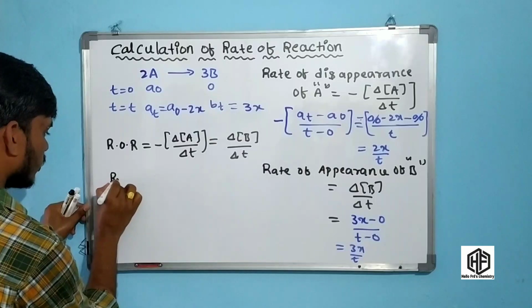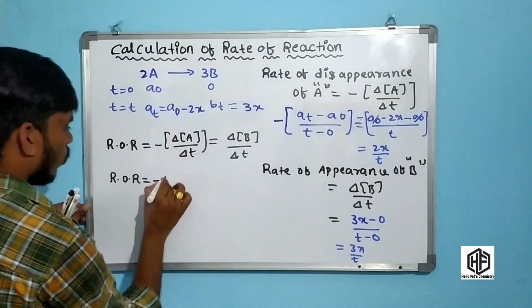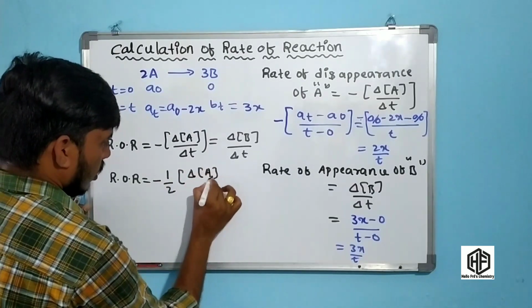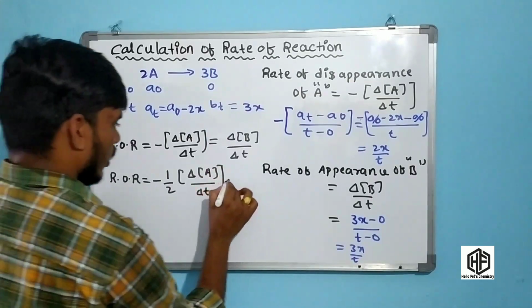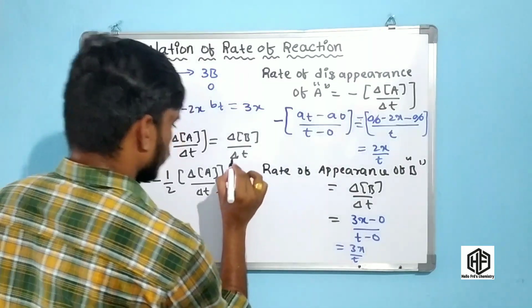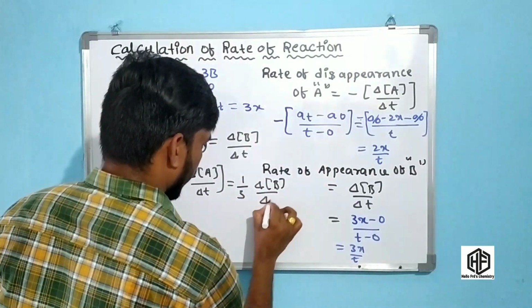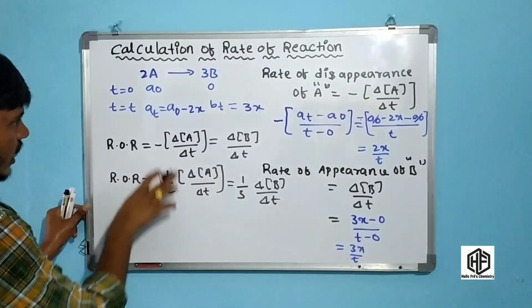What happens, friends? Rate of reaction is equal to minus 1 by 2 into change in concentration of A by delta t, equal to, with the stoichiometric coefficient, 1 by 3 change in concentration of B by delta t. This is called the rate of reaction for this example.